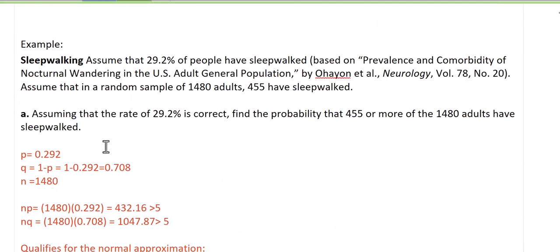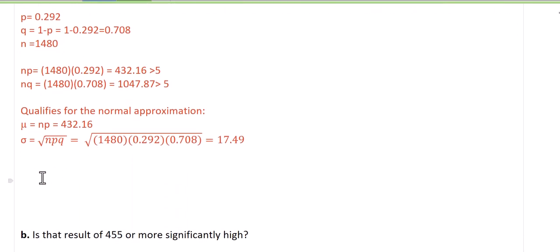And so now we're ready to answer this question. Find the probability that 455 or more of the 1480 adults have sleepwalked. So we want the probability that x is greater than 455. So that's what we're looking for. So how do we find that?